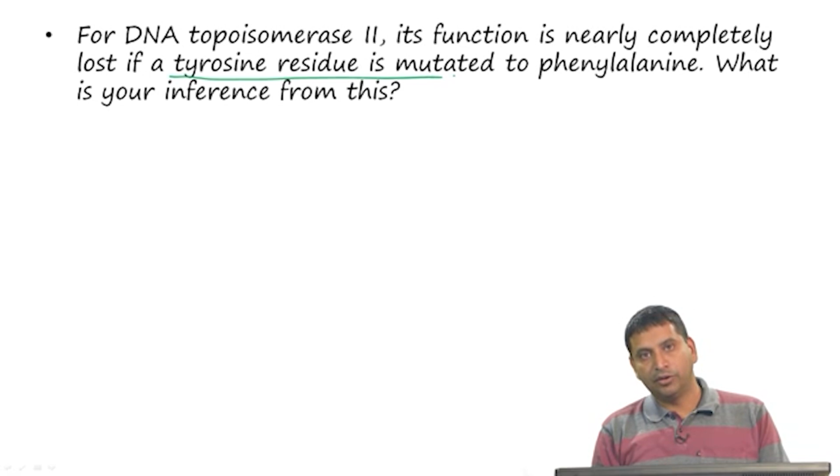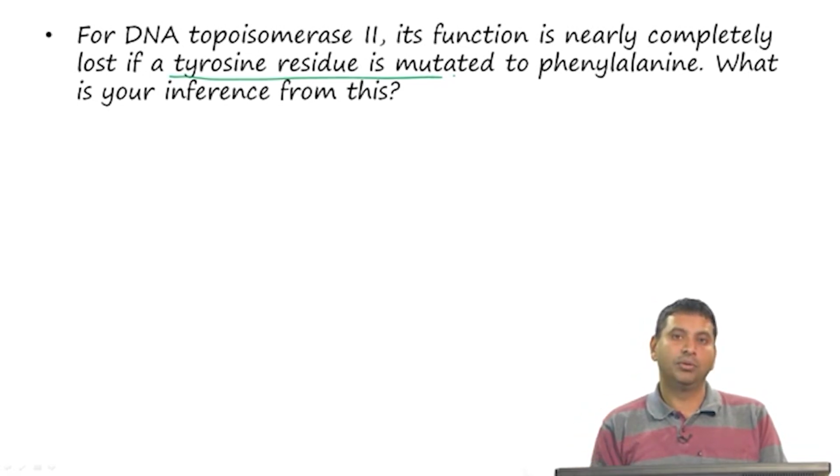Site directed mutagenesis basically replaces an amino acid residue with another amino acid residue. So, if the tyrosine here is replaced with a phenylalanine, then the activity of DNA topoisomerase II is almost completely lost. Therefore, the tyrosine residue must be a very important part of DNA topoisomerase II activity.